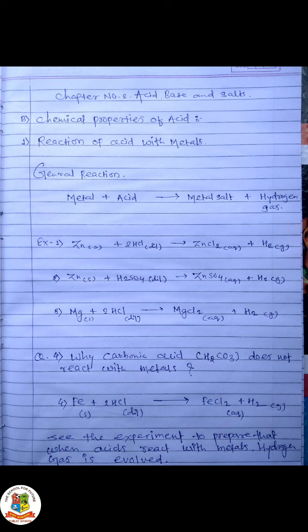Organic acids are those acids which are obtained from plant and animal materials. Examples we saw are lactic acid, malic acid, uric acid, citric acid. These are the examples for inorganic acids and organic acids.